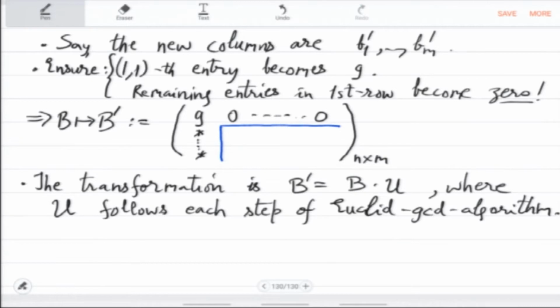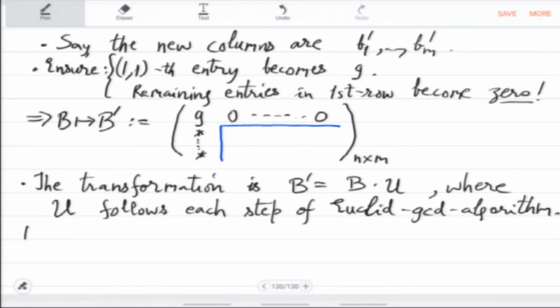Right, so that question is important, because you want to claim that the lattice generated by B and the lattice generated by B prime, they are the same. Okay, if they were not the same, then it will not be a reduction, right? Then looking at lattice B prime, we will not be able to get SVP of lattice of B. So now we want to show something special about U so that the lattices are the same.